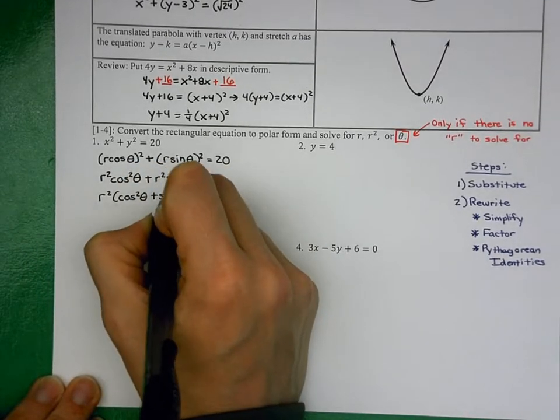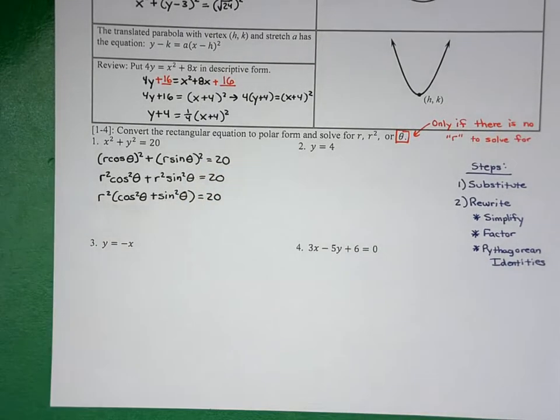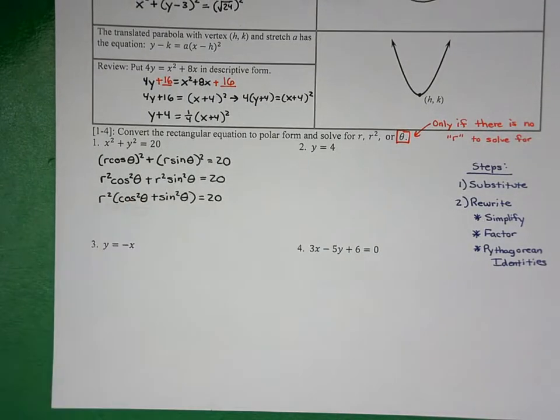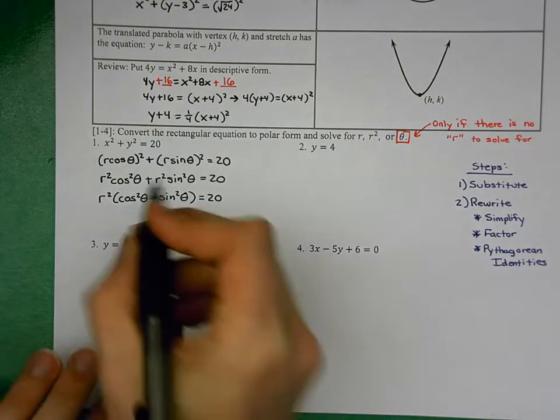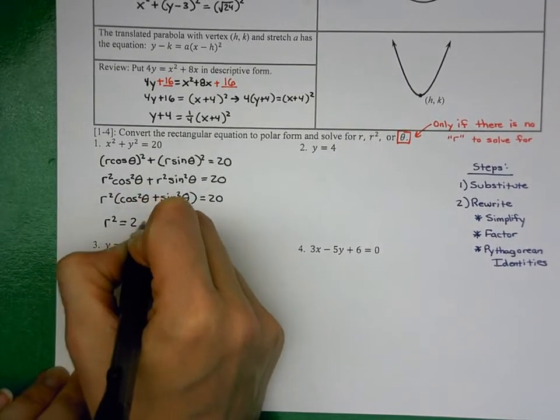I'd be left with the cosine squared and the sine squared. What else can I do? I've simplified, I've factored. Oh, that's a Pythagorean identity. We know what cosine squared plus sine squared is. That's 1. And so r squared times 1 is just r squared.